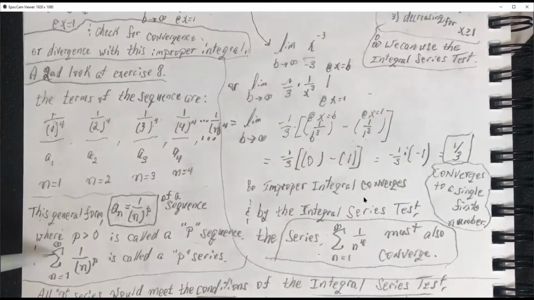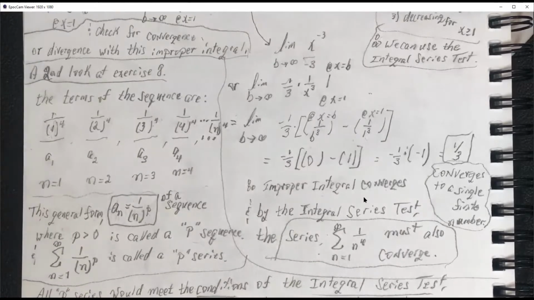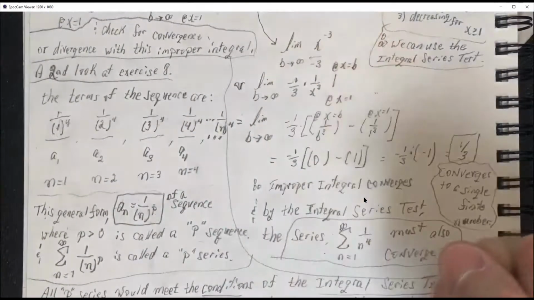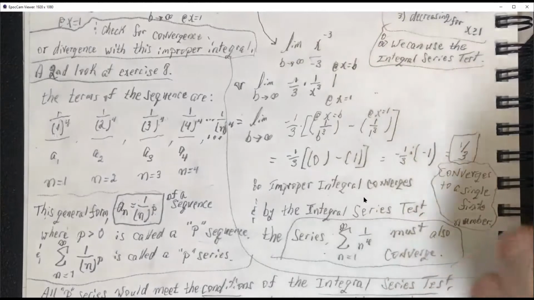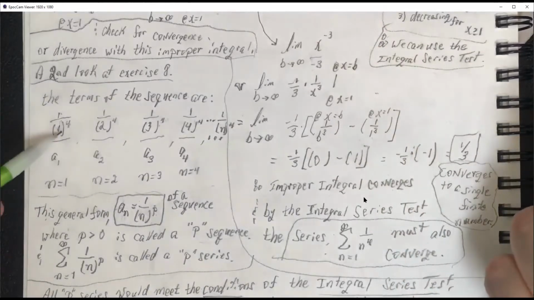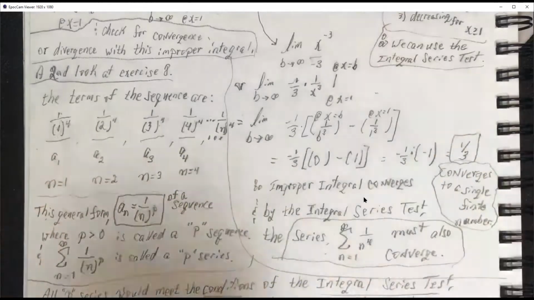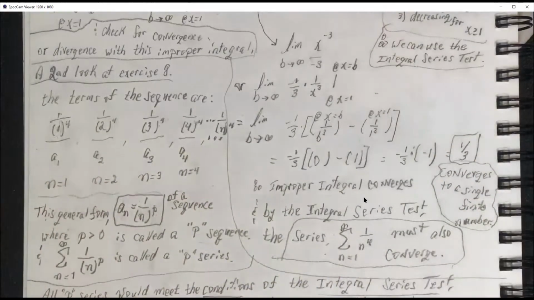Now this means to add up the terms forever, which means it's a series that we're being asked to analyze, which is a fancy way of saying just look at what's happening to the sum of these terms when you add them up forever. Are they converging to a single finite sum or not?